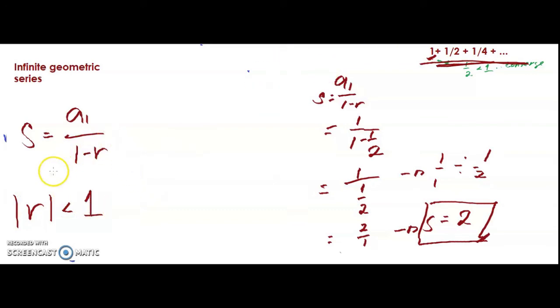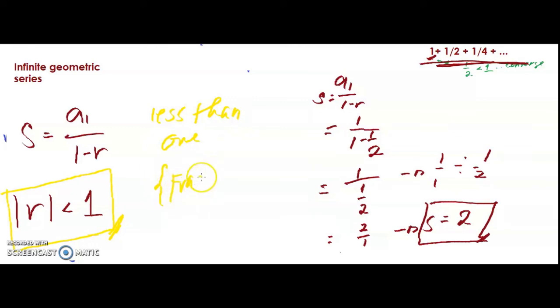Take note of this condition. When we say less than 1, those numbers are a set of fractions. So that is for the sum of an infinite geometric sequence.